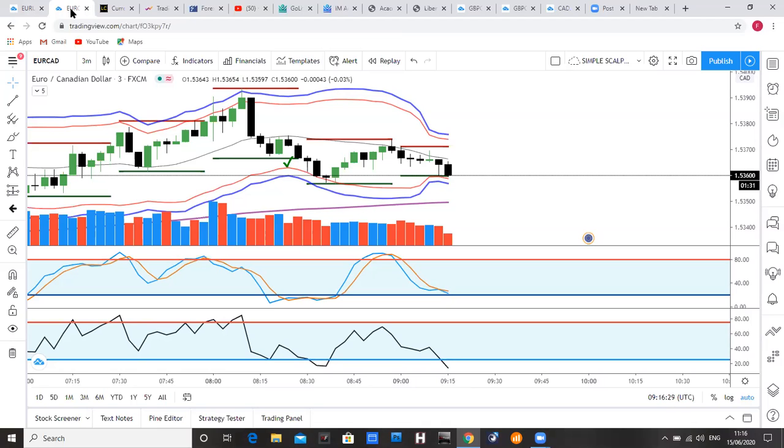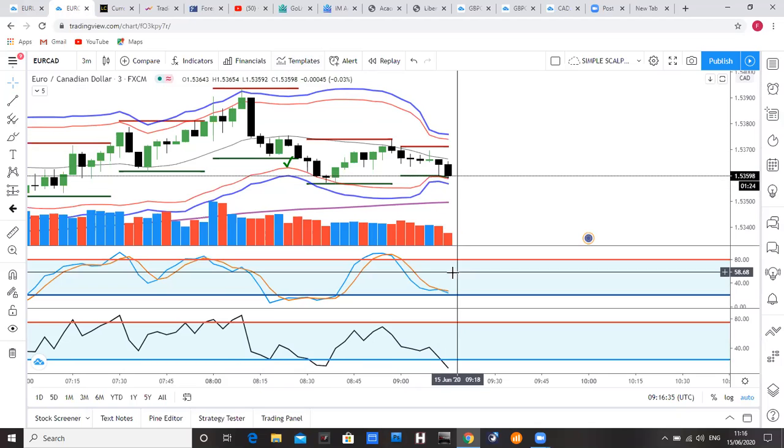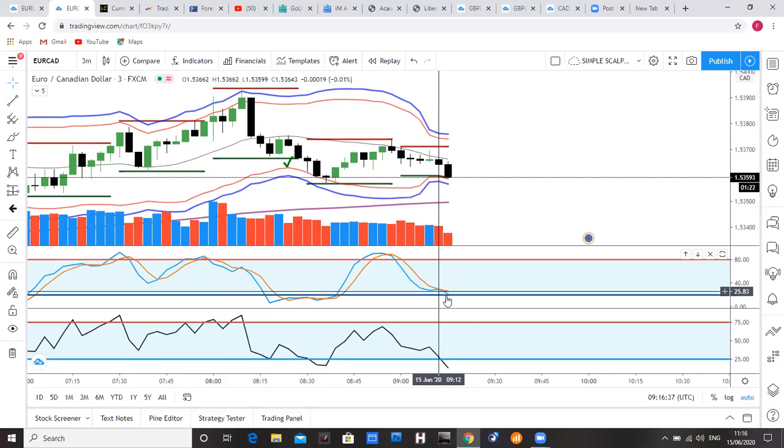So we'll see. You can see our condition is going. Our condition looks like it's going to meet here. So we'll be getting set. All I just need is for my stochastic to cross down.